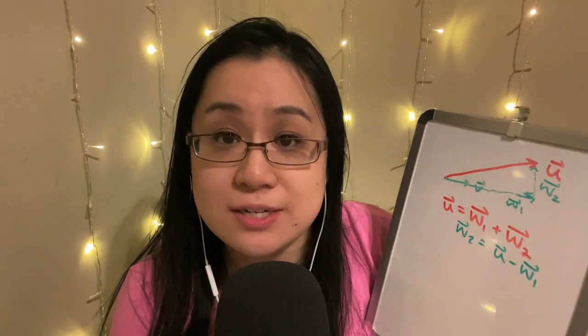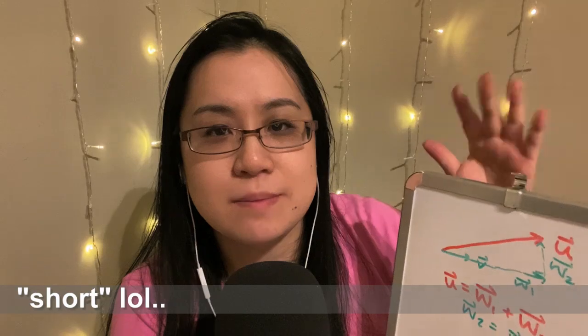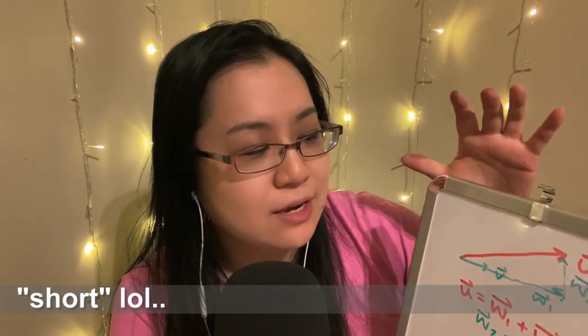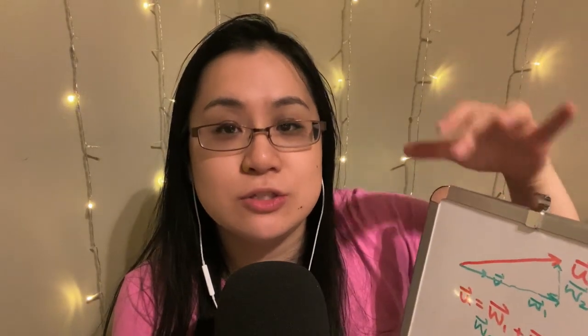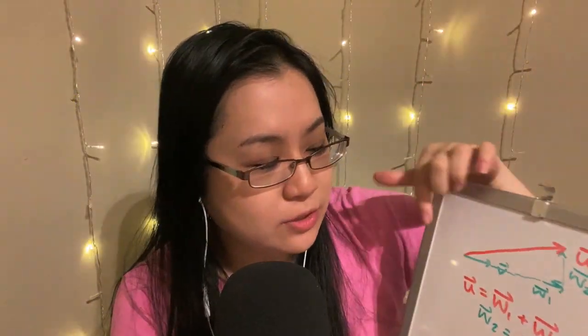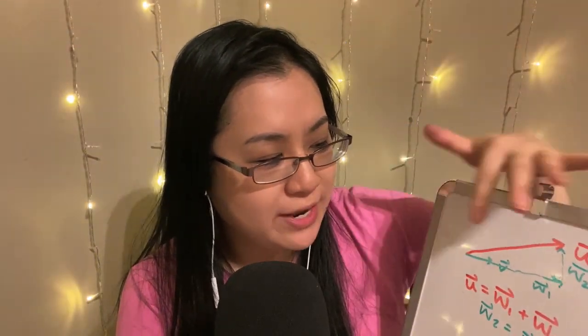But W1 is what we call the projection. So in short, we're going to break U down into two components that are perpendicular to each other. To project U onto V, we want the component that is parallel to V. So it could go this way, it could go the other way, just whichever way adds up.